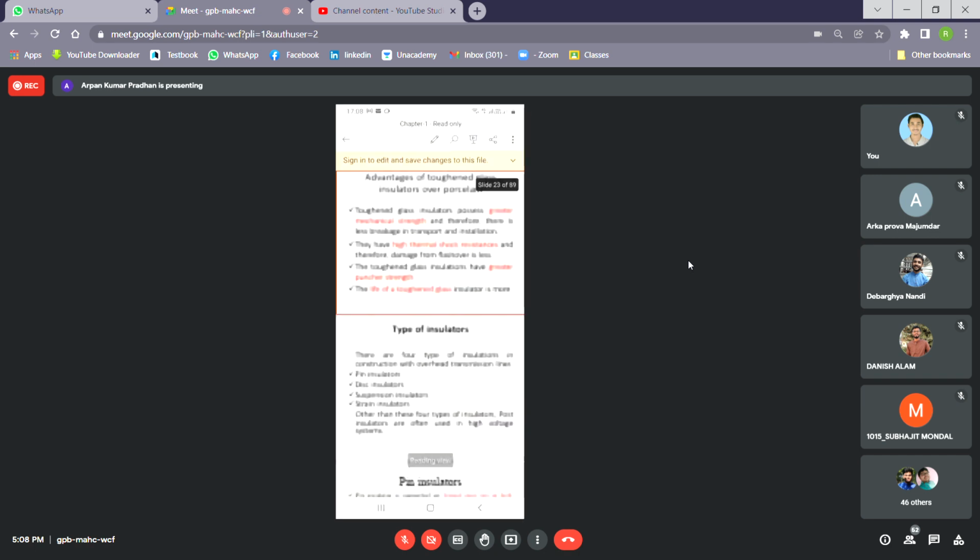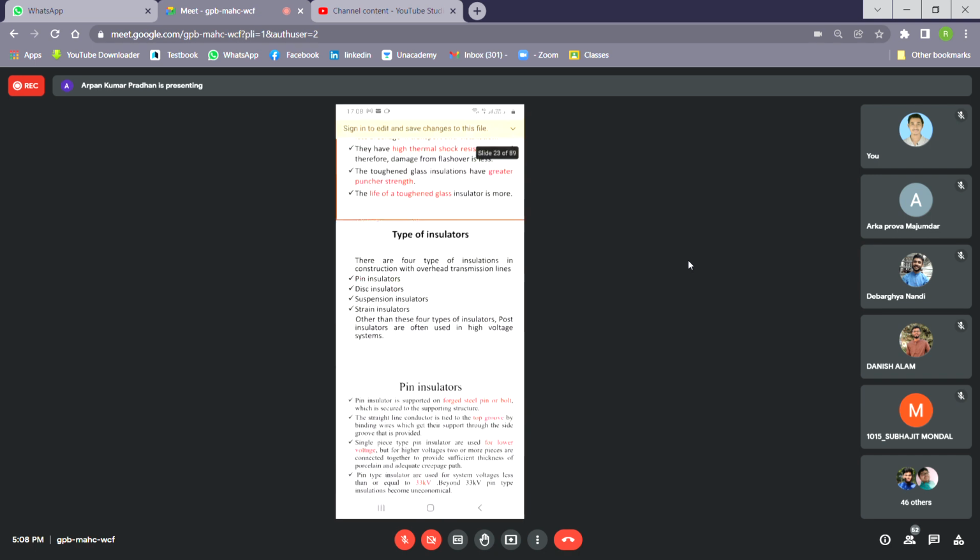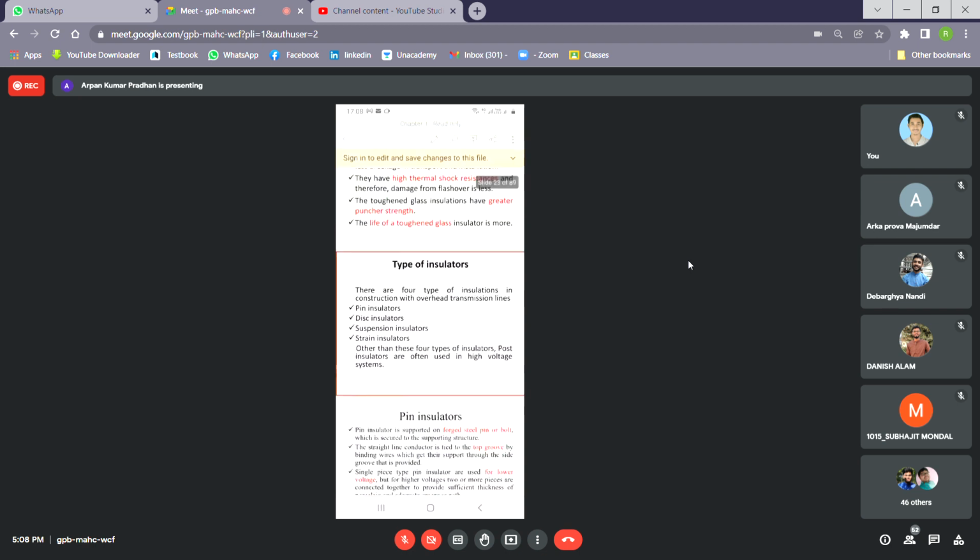Now, as I was mentioning, regarding the types of insulator, you are already aware. There may be different types of insulator based on how we place the conductor, and generally there are four types. First is the pin insulator, whose figure you have already seen.